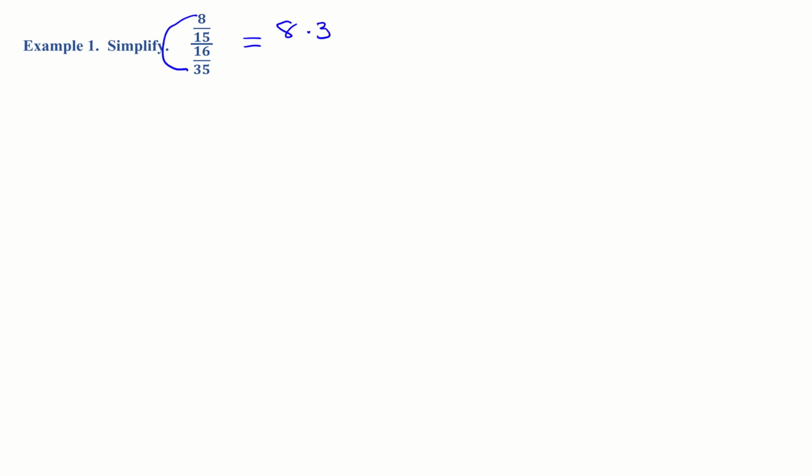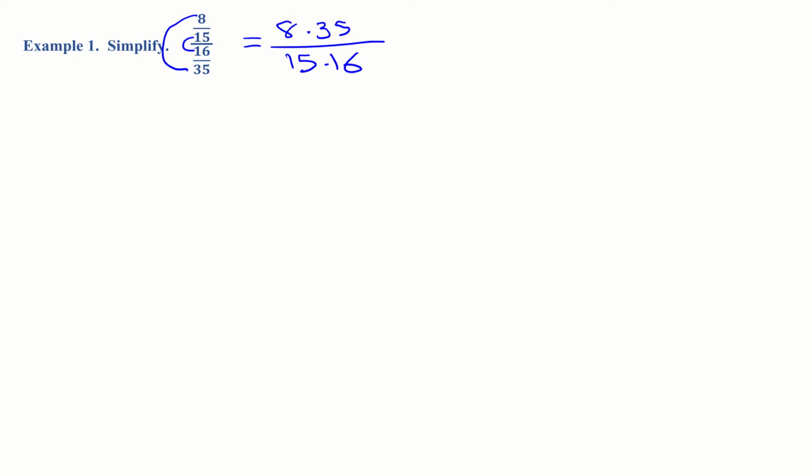Now you do not need to multiply that out, just write it as a product, and then we're going to write that over this inner product, which is 15 times 16. The reason that you shouldn't multiply it out, even if it's a simple multiplication, is that when you write it just like this as a product, it'll be easier to do any cross-canceling at this stage.